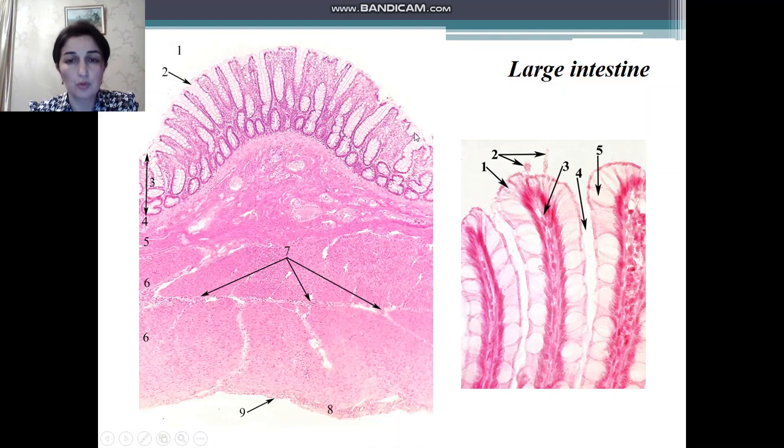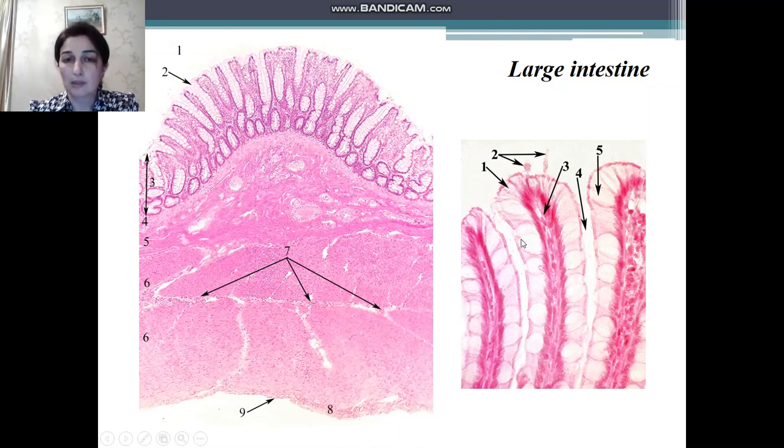They will produce mucus that is necessary not just for lubrication of the surface, but also for the formation of the feces. So from the remaining chyme, water will be absorbed, so the large intestine participates in absorption of water and gases and formation of the feces for elimination from the body.